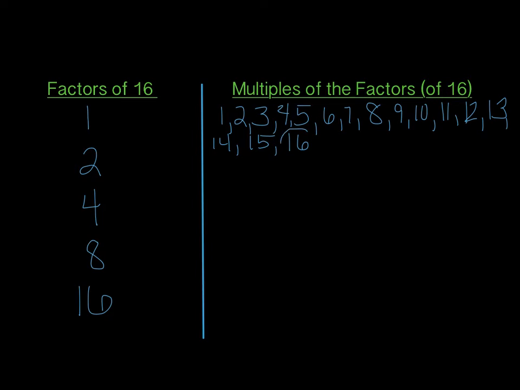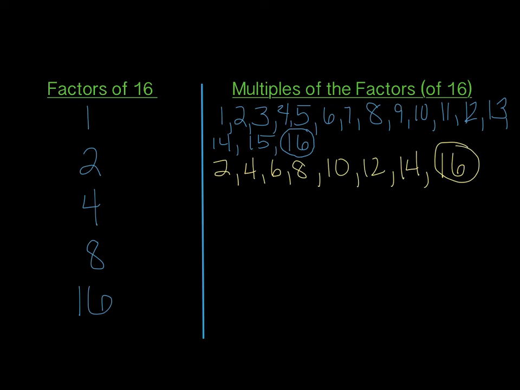Okay, so I'm going to circle 16 because we're trying to look at the relationship between factors and multiples. And hopefully you'll see what's going on here in a minute. So let's look at 2. If we look at the multiples of 2, I'm going to have 2, 4, 6, 8, 10, 12, 14, and 16.